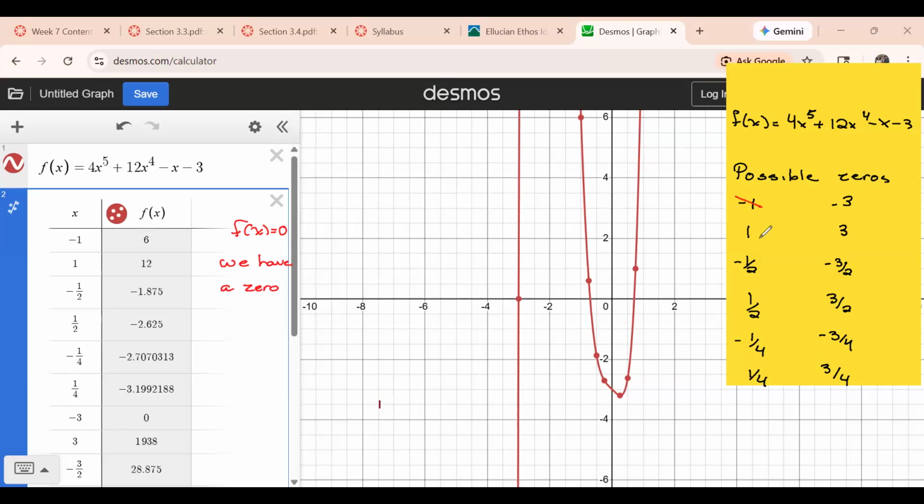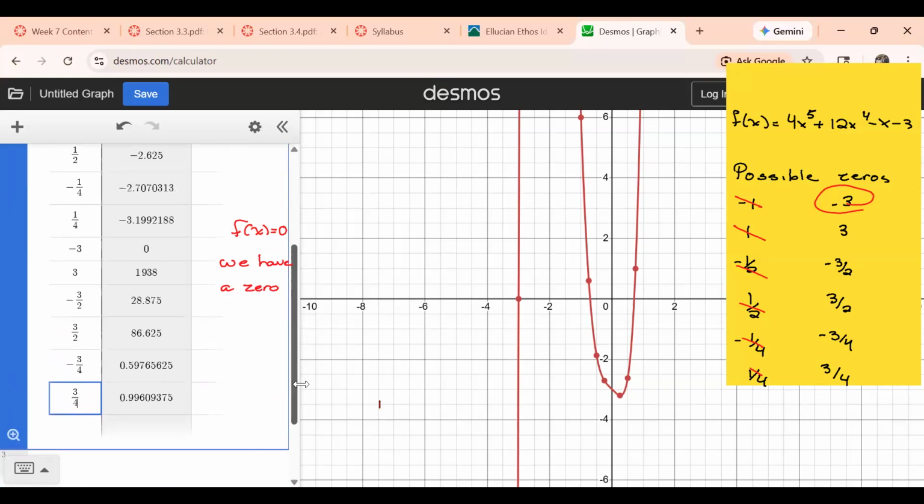So -1 is not, we don't get a zero. So by the remainder theorem, we're not getting a zero here until we get to -3. -3 happens to be a zero. And then we see the rest of them also do not give us zeros.